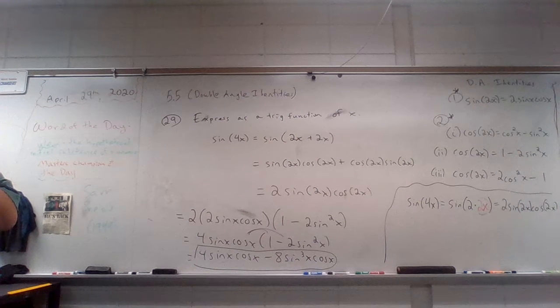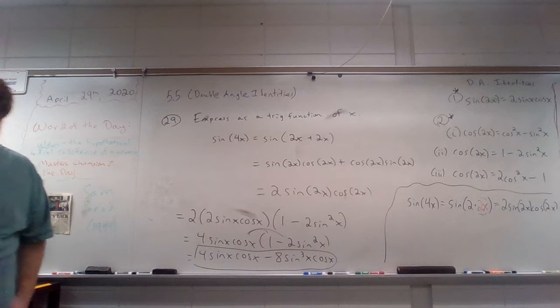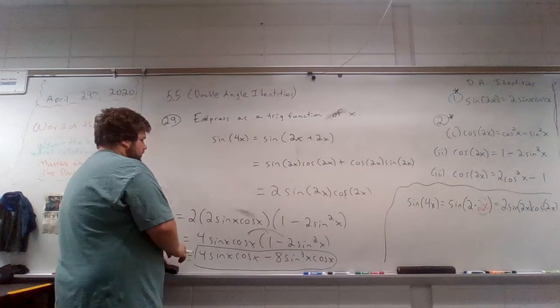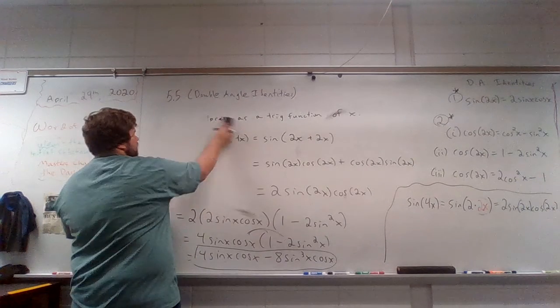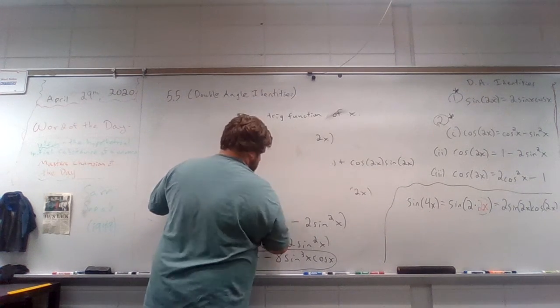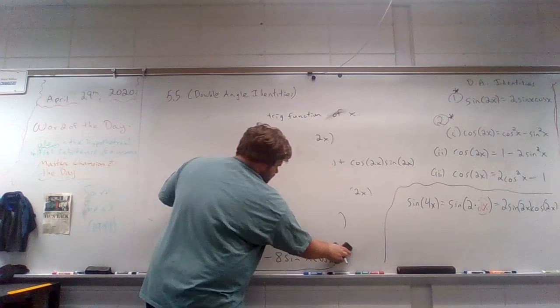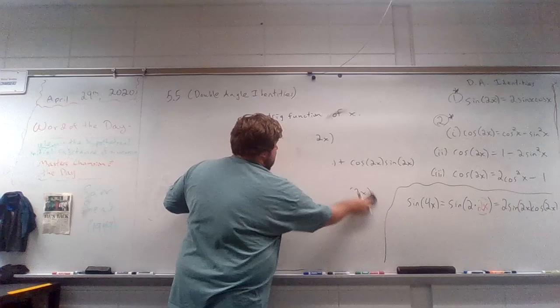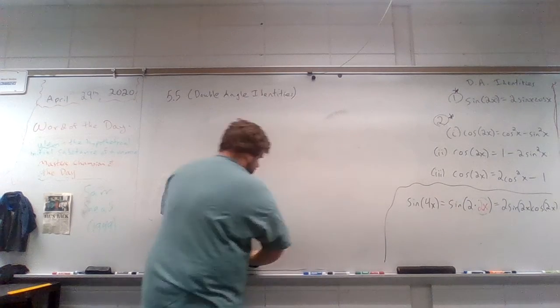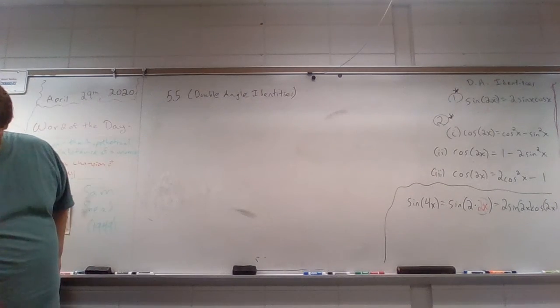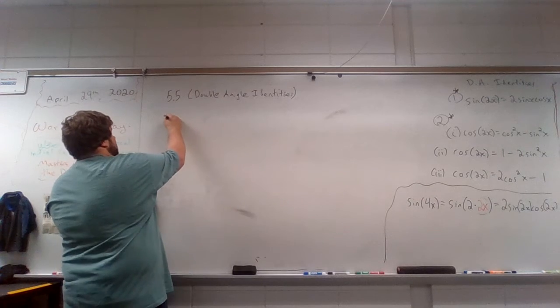All right, so let's look at number 30 here. So let's look at another one. Say 30 is cosine of 3x.